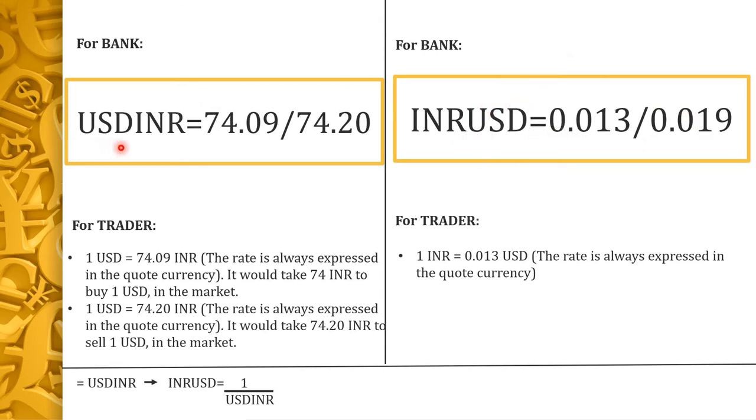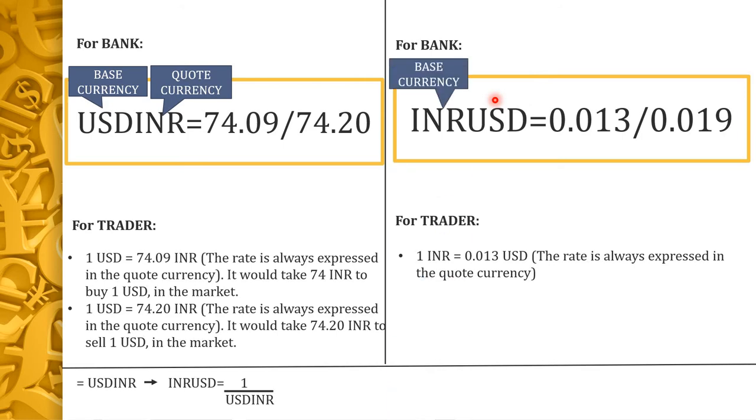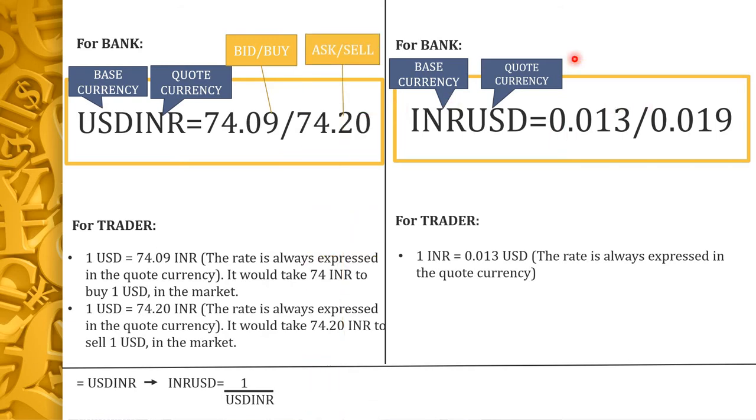So if I ask you which is the base currency and quotation currency in this exchange rate, then USD is the base currency and INR is the quotation currency, while here, INR is the base currency and USD is the quotation currency. Now the price quoted first, to the left of the slash, is called the bid price, which is the buy price, and the price quoted second, to the right of the slash, is called the ask price or sell price. Here this would be the bid and buy price, and this would be the ask and sell price.